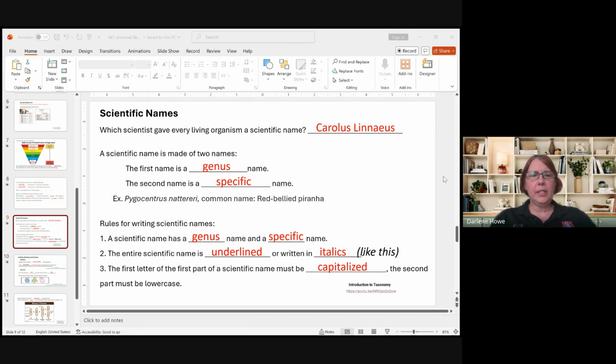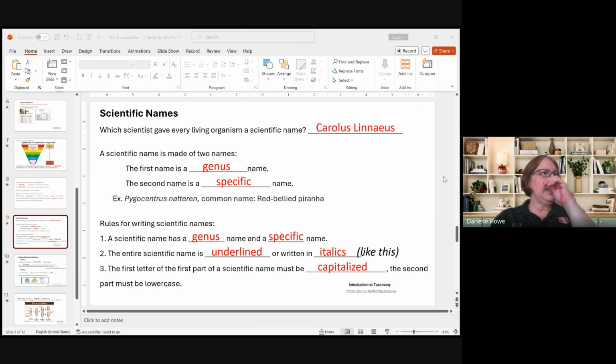Okay, scientific names were given to animals by a very smart scientist named Carolus Linnaeus. Carolus Linnaeus thought that we're having too much confusion with these animals. With these common names, everybody seems to be using a different common name. Or maybe they've got 10 different common names.